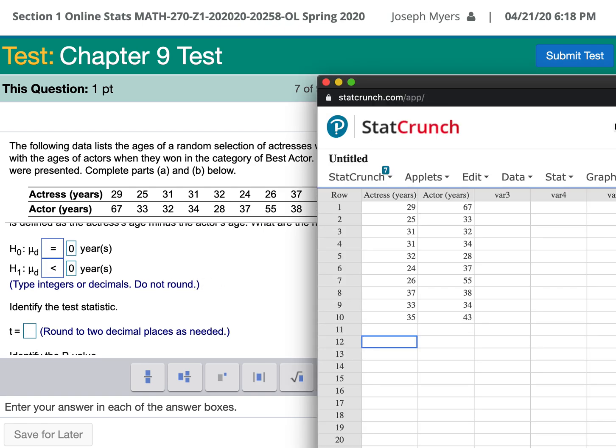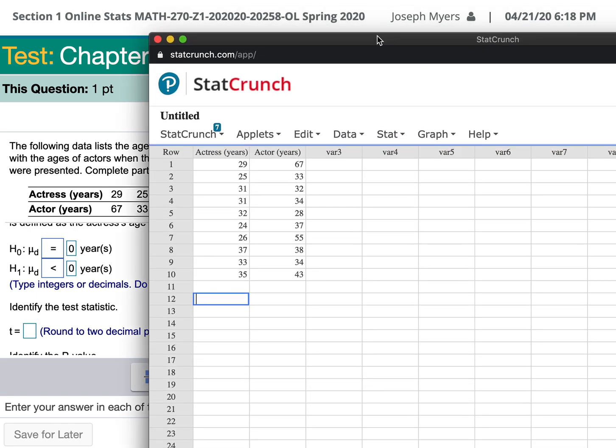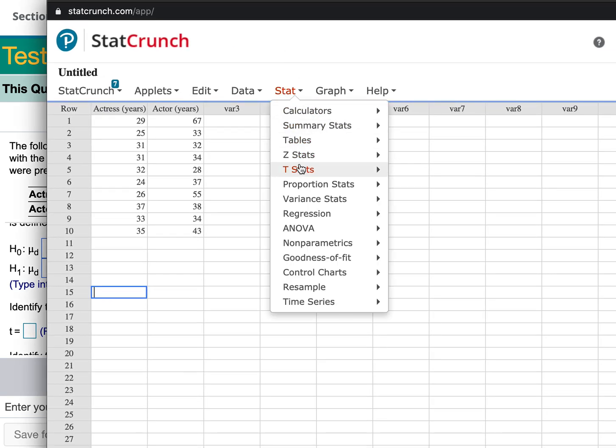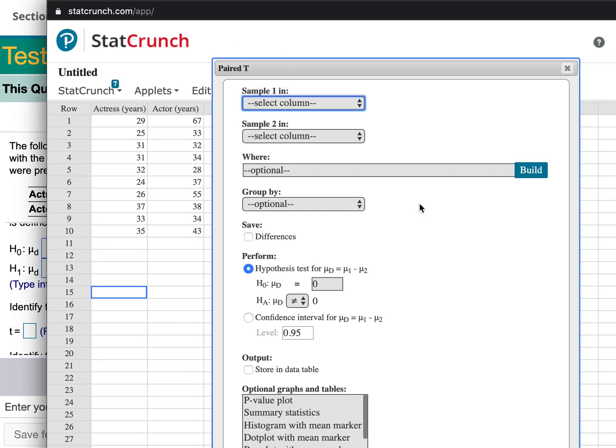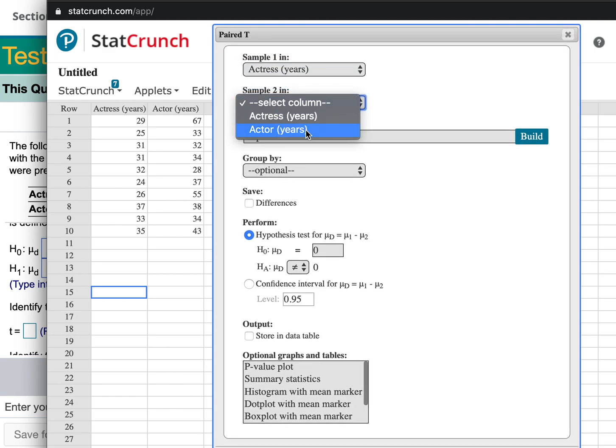So let's go back over here, and we're doing a paired test because we're comparing the ages each year. So this is coming from the same year, meaning that that's a pair of data. So click on Stats, T-Stats, Paired Data, and then sample 1 is the actresses, sample 2 is the actor.